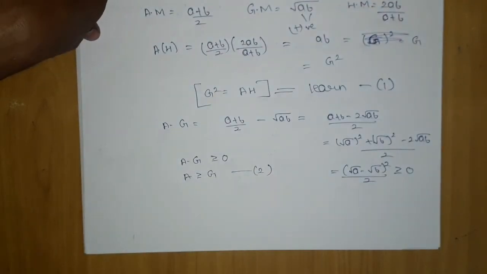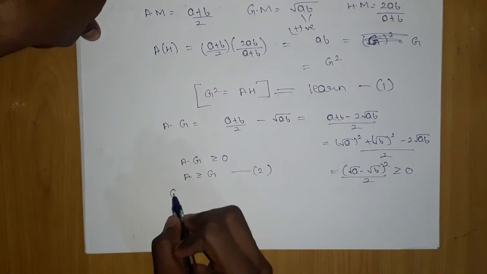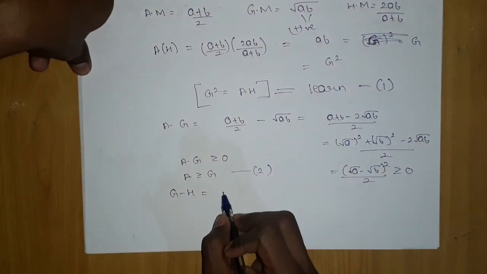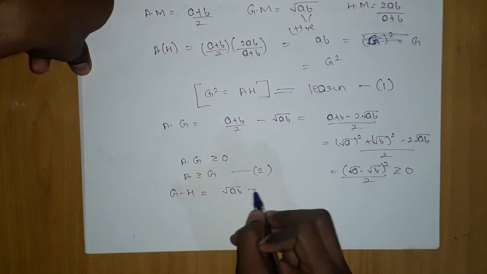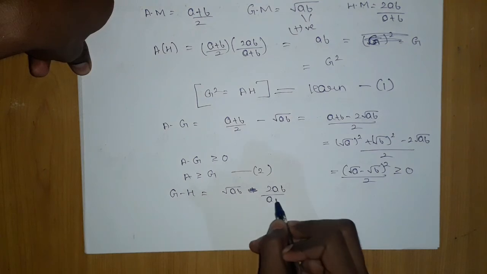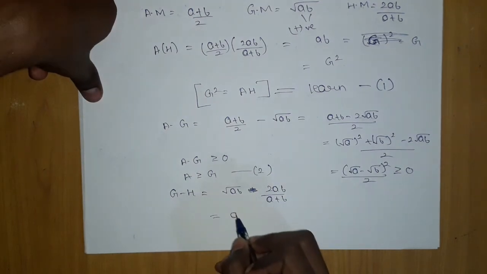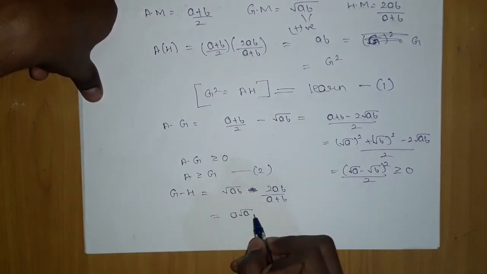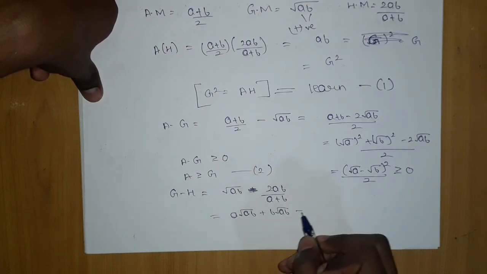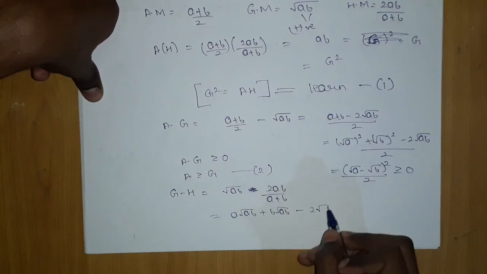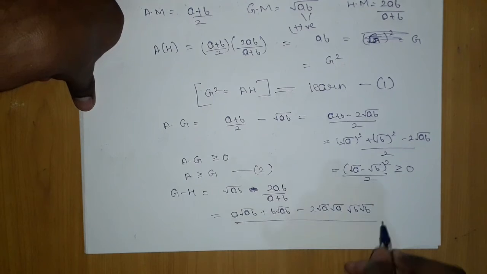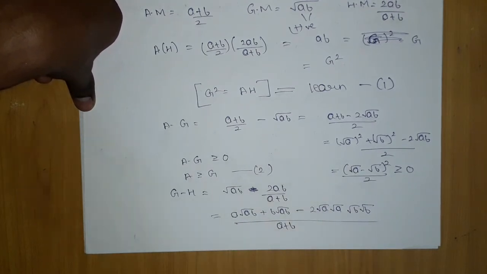Now similarly, do the second thing, which is g minus h. What we have, g is under root ab, and h is nothing but 2ab upon a plus b. If you multiply this, a into under root a, ab plus b into under root ab will give me 2 into under root a into under root a, under root b into under root b, upon a plus b.